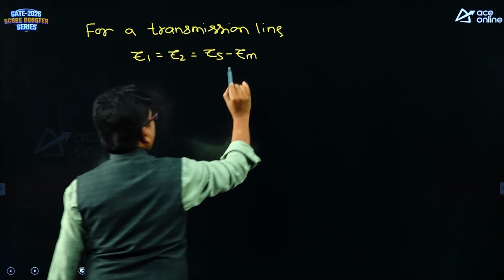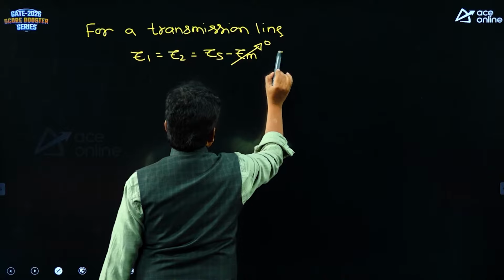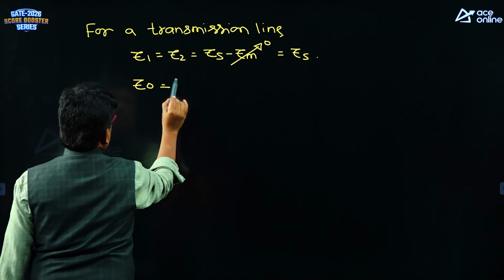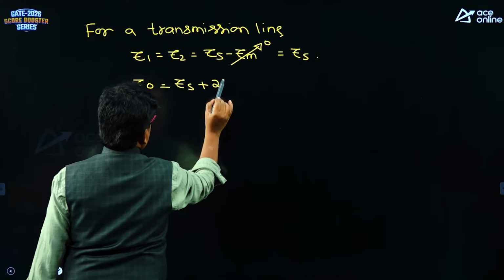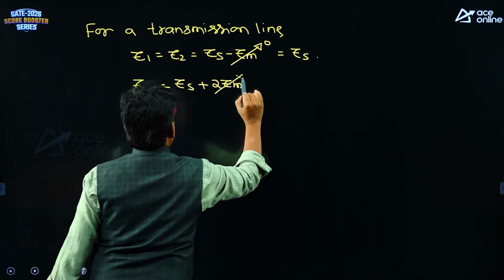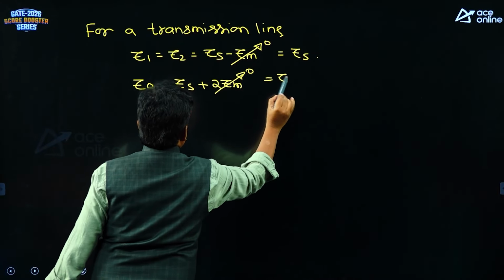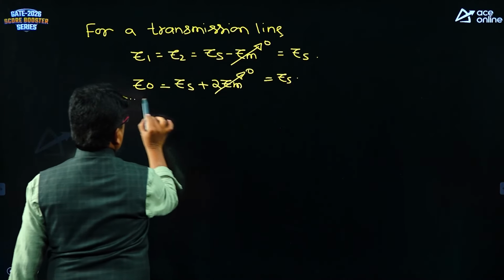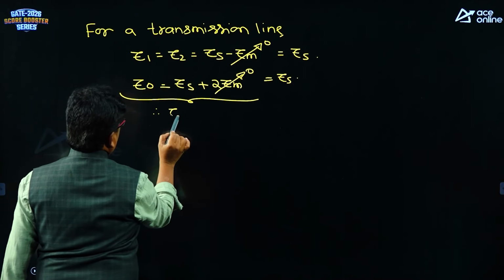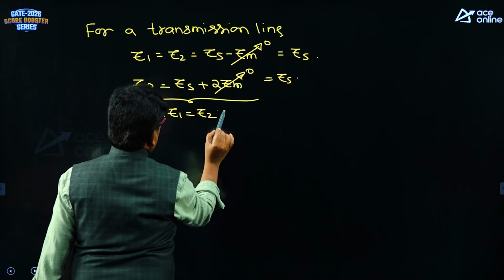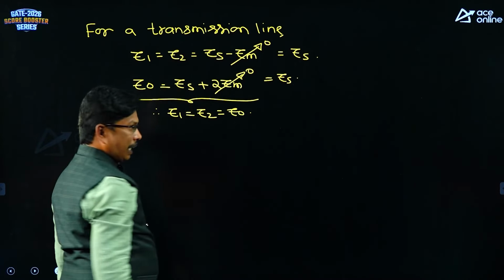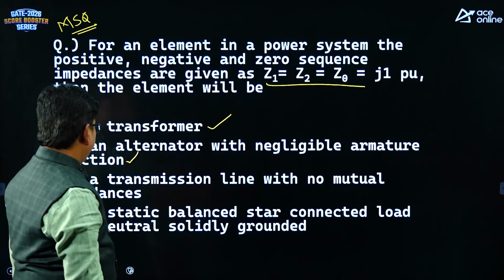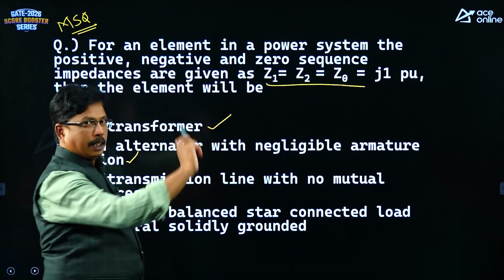When mutual impedance is 0, this value is equivalent to Zs. And the value of Z0 is Zs plus 2Zm. Whenever mutual impedance is 0, it is also equivalent to Zs. Therefore, when mutual impedances are 0, Z1 is equivalent to Z2 is equivalent to Z0 for a transmission line also. So option C is also correct.